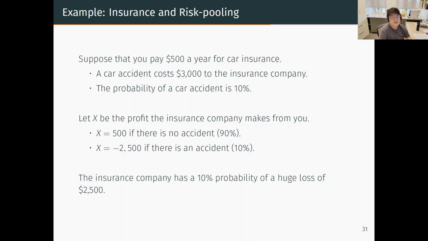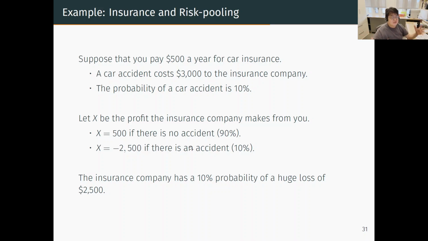You only pay $500. But the problem is, if there is an accident, the company incurs a huge loss, like minus $2,500 with 10%. How can this company manage this loss, right?